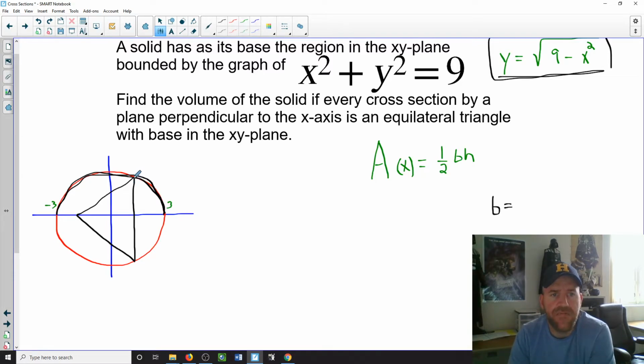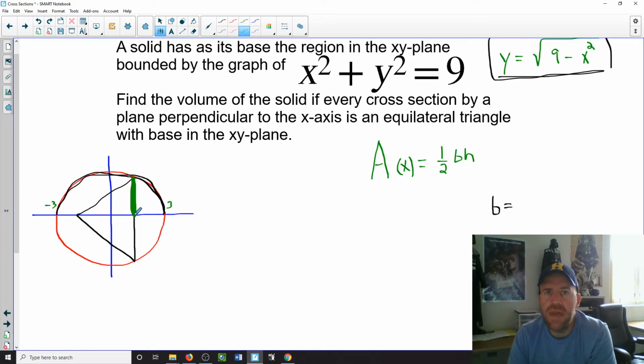So let's think about this. If I draw one of the sides as the entire length of the circle, this function, the square root of 9 minus x squared, only shows us half. That's this part right here. That is our function after we solved for y.